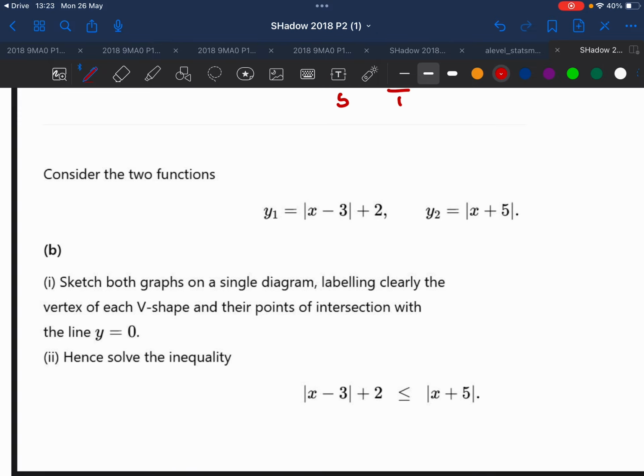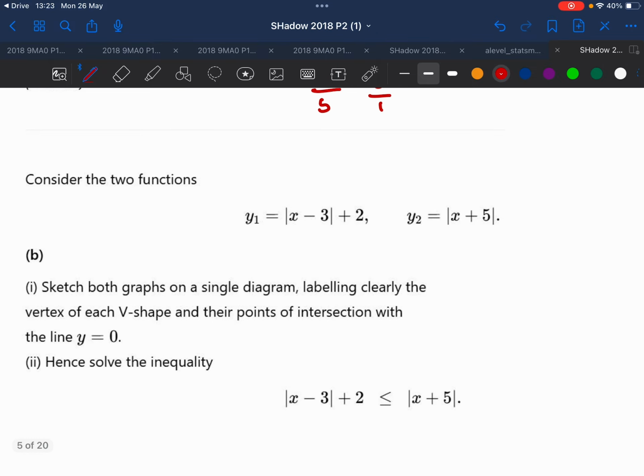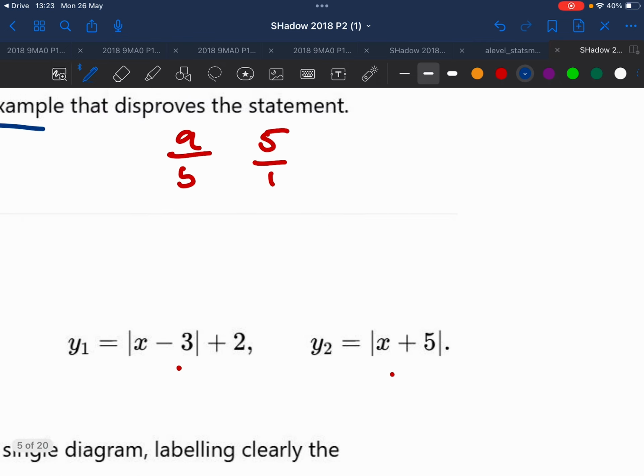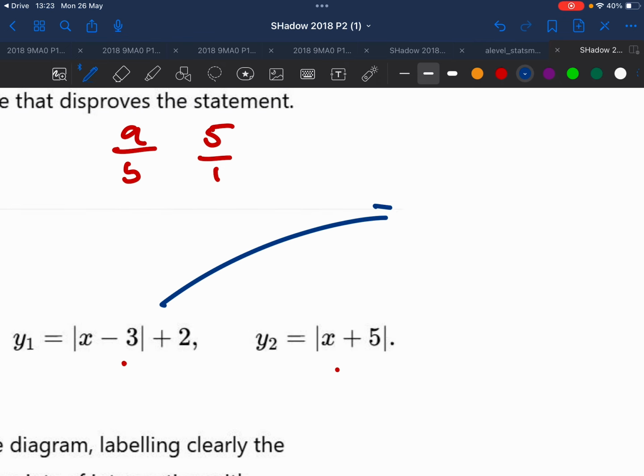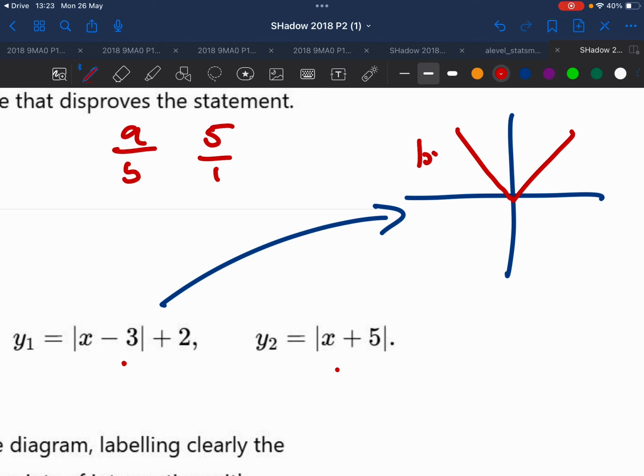Now we've got another one about modulus functions. So we've got this one here. Sketch them both. Their points of intersection with y equals 0. So that's the x-axis, isn't it? Okay, so let's do the more difficult one first, which I would say is this one here. When you have a modulus graph, the basic case of modulus of x looks like this, okay?